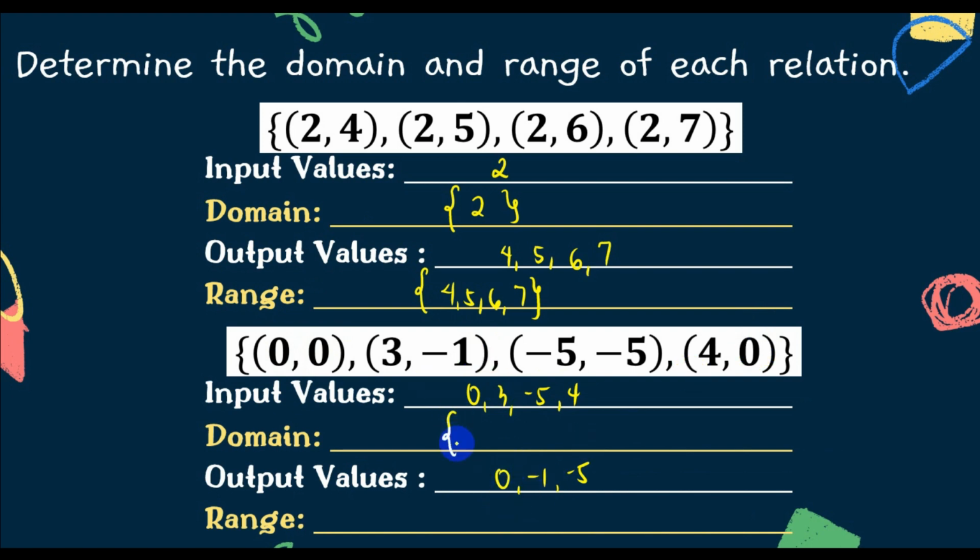For the domain, this is the set of all the x values or input values written from least to greatest. So, negative 5, 0, then 3, 4. For the range, 0, negative 1, and then negative 5. So, we are going to start with negative 5, negative 1, and 0, enclosed in braces. So this is for the second set of our examples here.